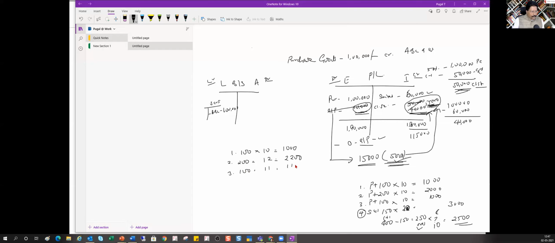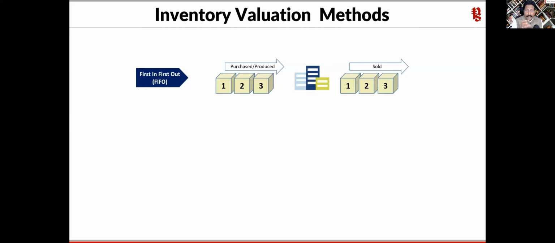Whatever came in first, if you're selling first, then it is going to show you higher profitability, because the older stock, which is at low cost, is going out, so the profitability is going to go up. The result of that is going to be higher taxes, where it is almost like overvaluing your closing stock.